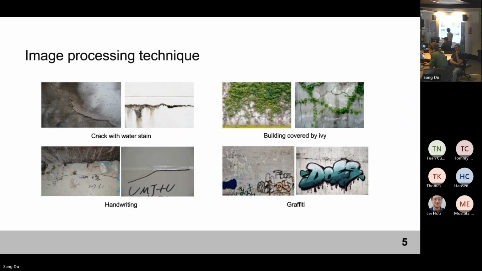Traditional image processing techniques also face many challenges: sometimes you have water stains, plants covering the surface, or handwriting. Sometimes it's graffiti, which is very common here in Australia, right?